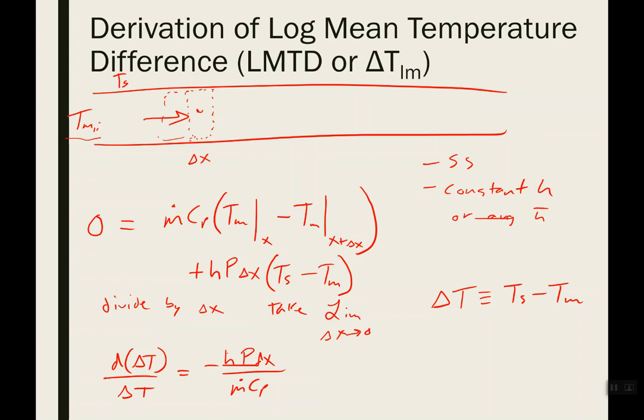In this particular case, we want to get the total amount of heat being added to our system from the beginning of the pipe to the end of the pipe.